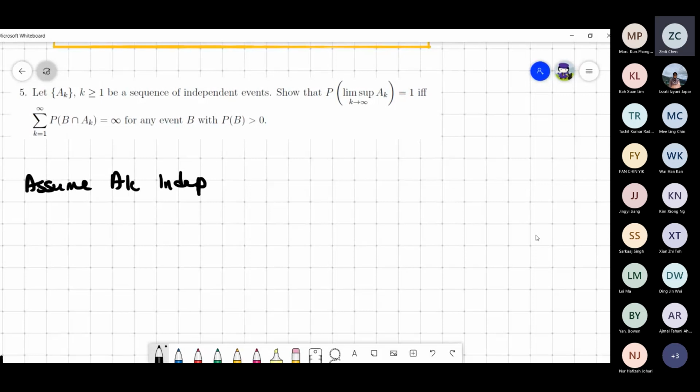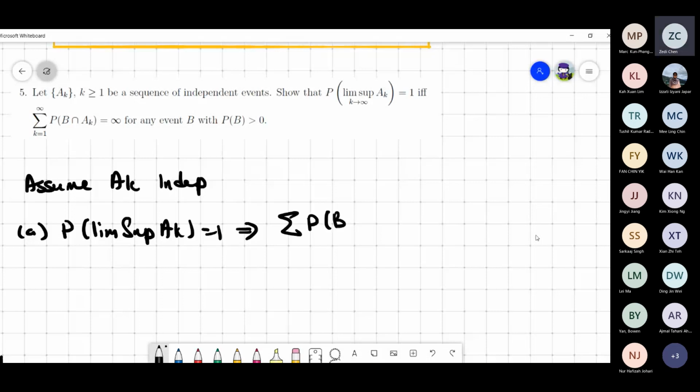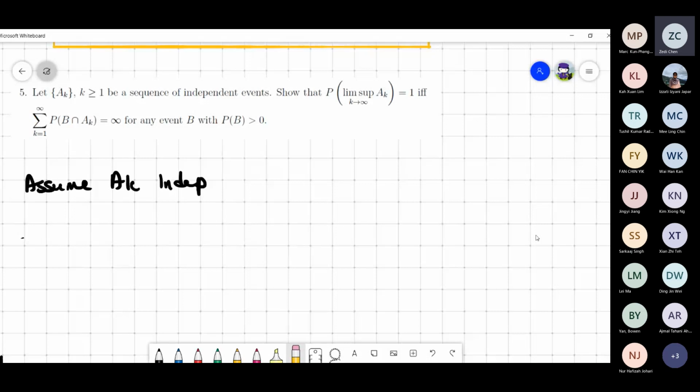So then part A is when P lim sub AK is 1, then I'm going to have this is always infinity. Oh, I think part B is easier. Hold on, I'll remove it. Assume AK is independent. So I think part B will be easiest.